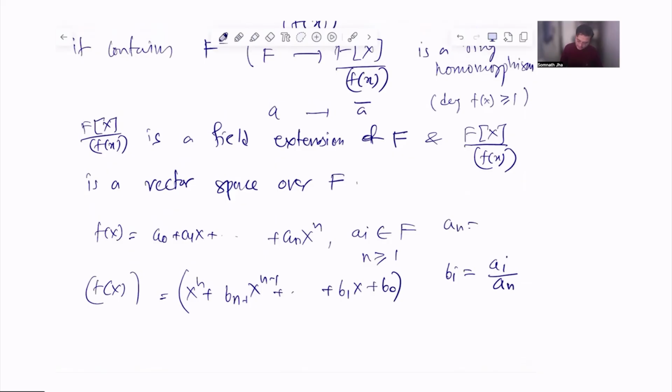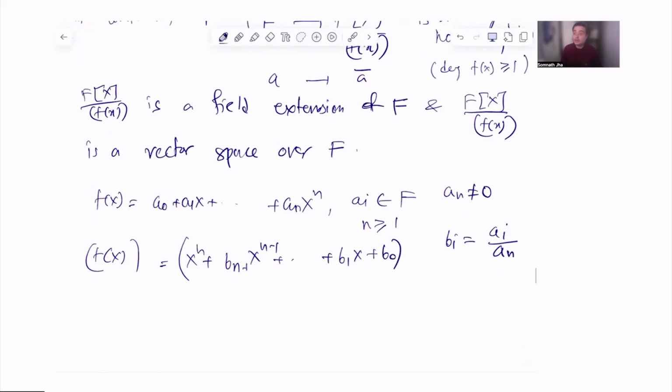So an is not equal to 0 because we assume it's a degree n polynomial. So f(x) is generated by this.